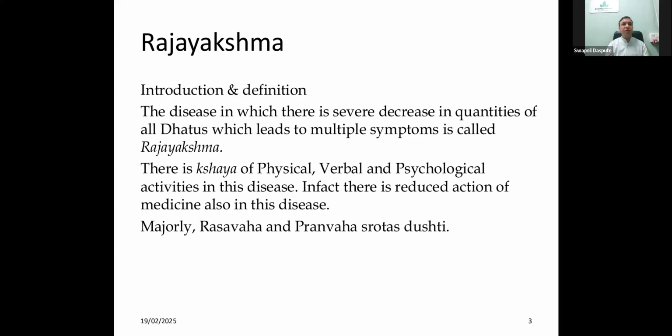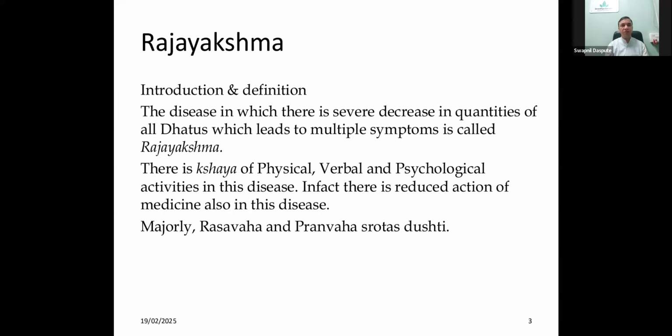There is kshaya of physical, verbal, and psychological activities in this disease. So, kaik, vachik, manasik. Kaik is physical, related to the kaya, which is the body. Vachik, vacha, verbal, the words, the speech.